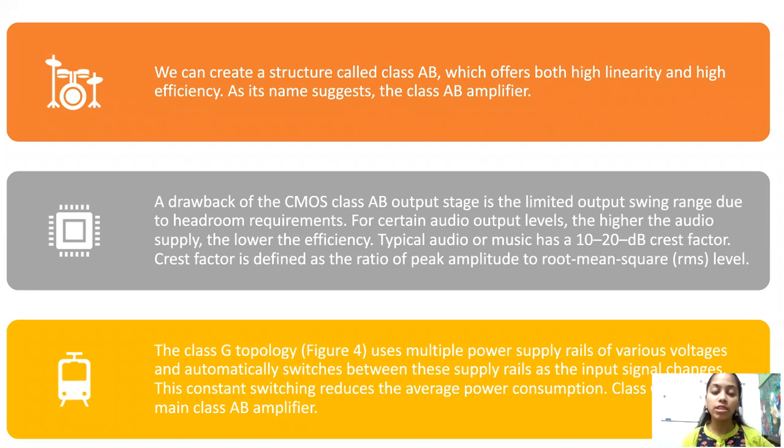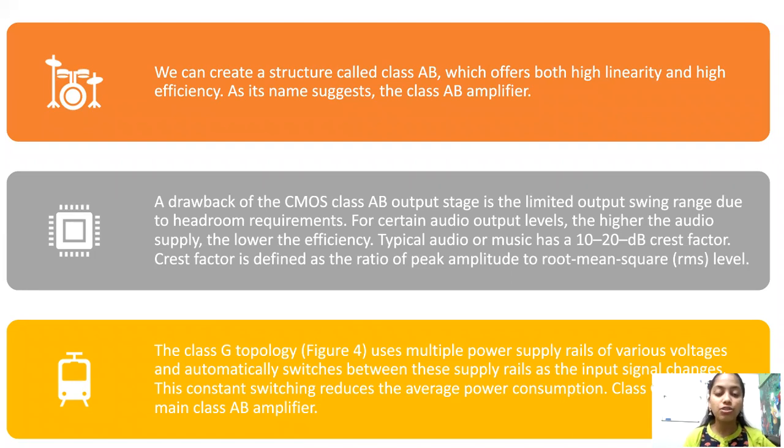A drawback of the CMOS class B output stage is the limited output swing range due to the headroom requirements for certain audio output levels. The higher the audio supply, the lower the efficiency. Typical audio or music has a 10 to 20 decibel crest factor.